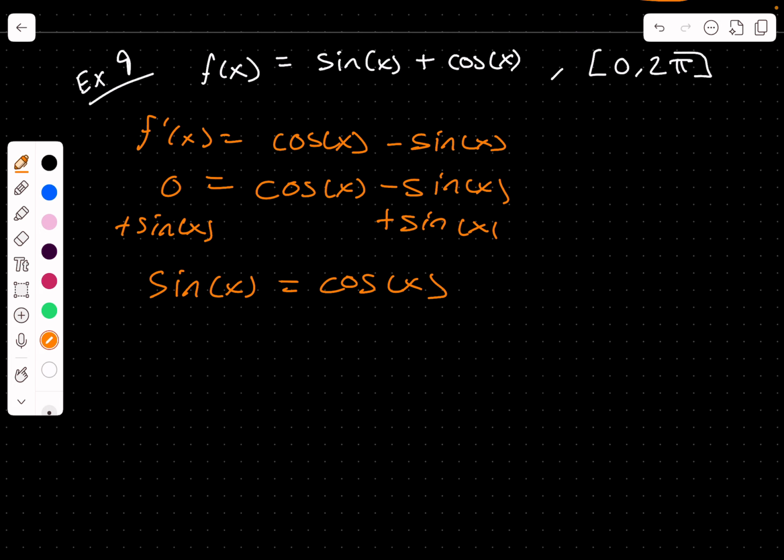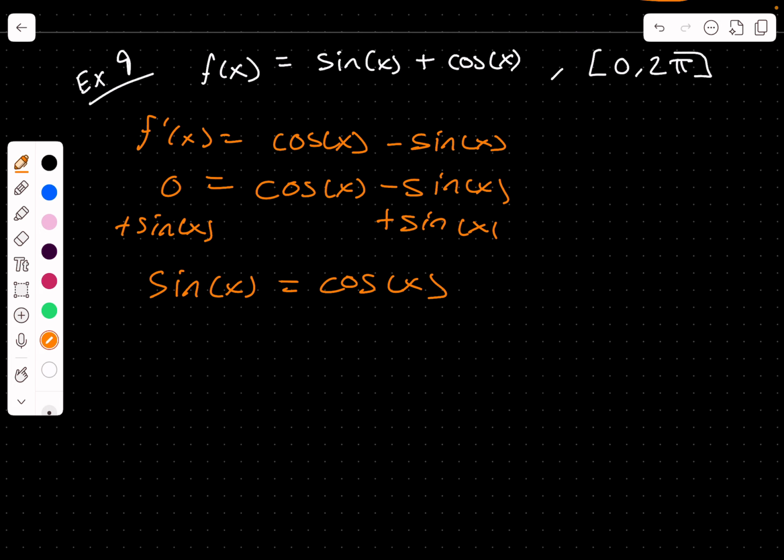So if you look at the unit circle, let's see where on the unit circle does sine equal cosine. We notice that sine of x equals cosine of x at pi over 4, which is 45 degrees, and then at 5 pi over 4, which is 225 degrees.